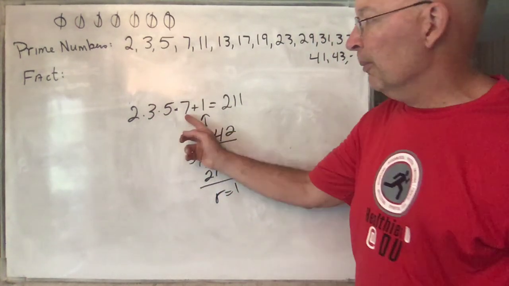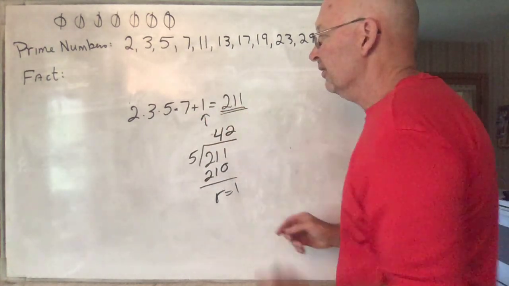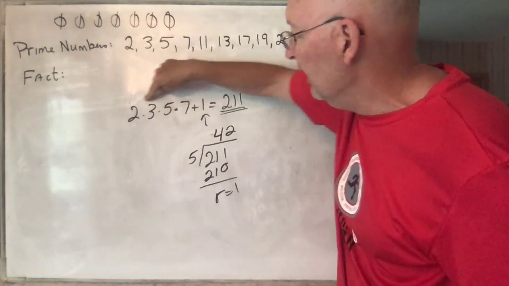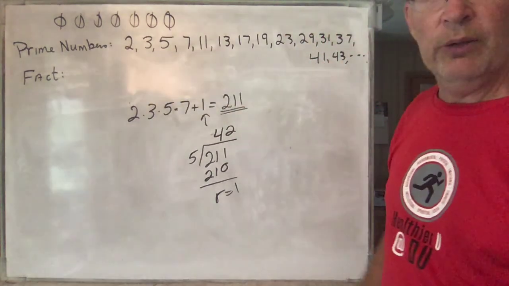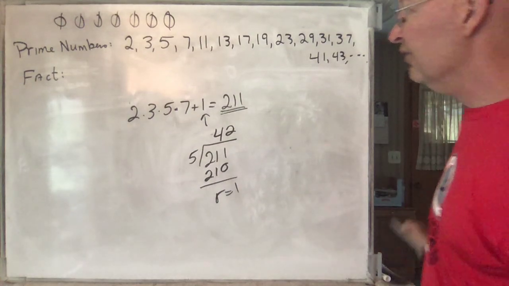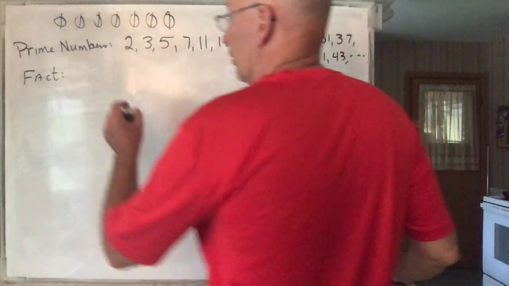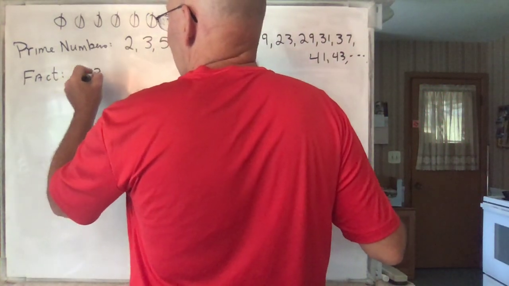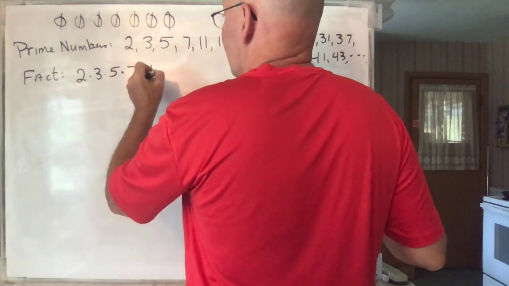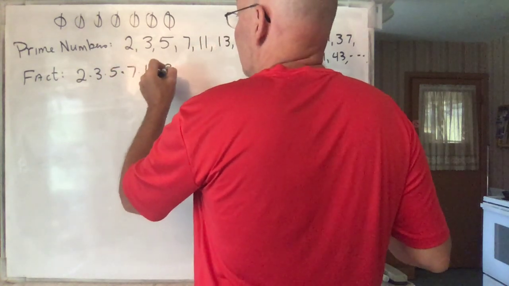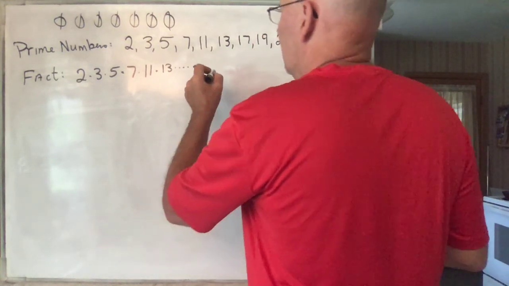So you take a bunch of numbers together, multiply them together, and add 1. And whatever this number is can't be divided evenly by any of these, because why did we construct it this way? Because you're going to get a remainder of 1. Okay, so that's just a fact. Okay, so I'm going to write it down like this. I'm going to write 2 times 3 times 5 times 7 times 11 times 13, all the way up to wherever you want to go.